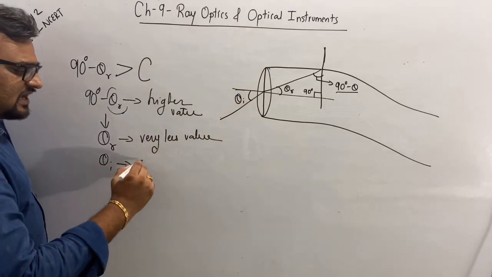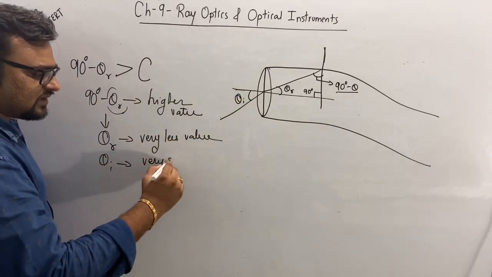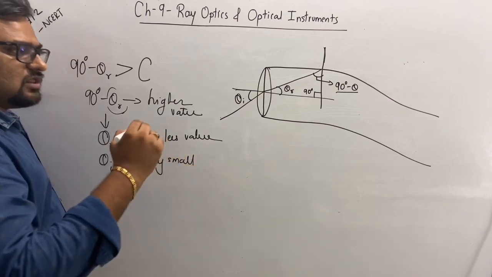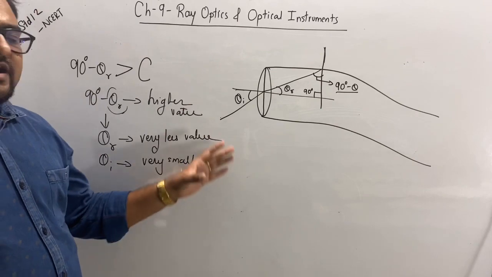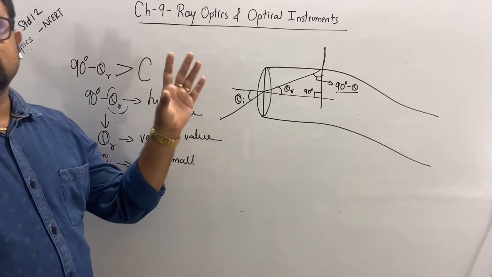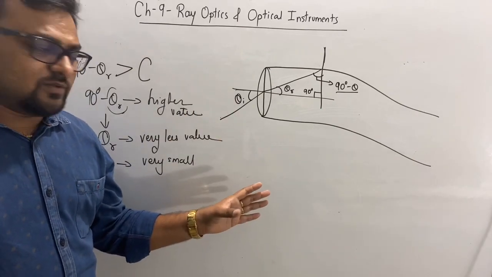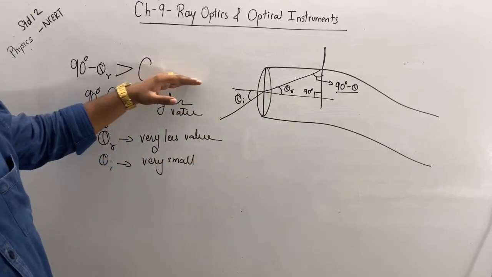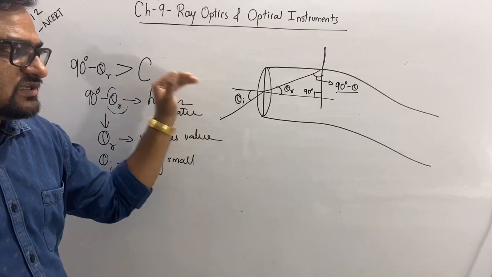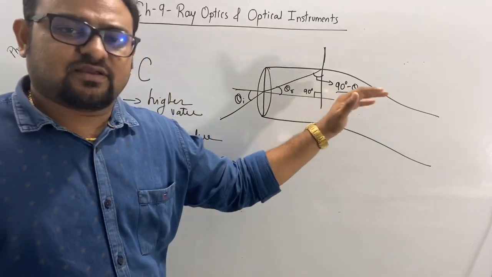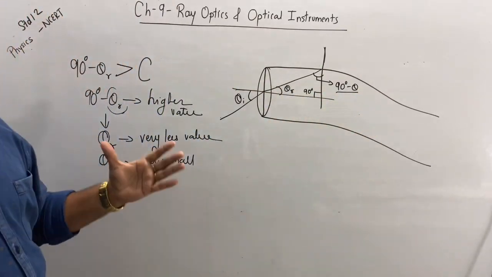That means theta i must also be very small. So for that, the angle of incidence must be very small, right? It will be best if we are entering it normally, meaning normal to this surface. Clear? So this is about optical fiber.